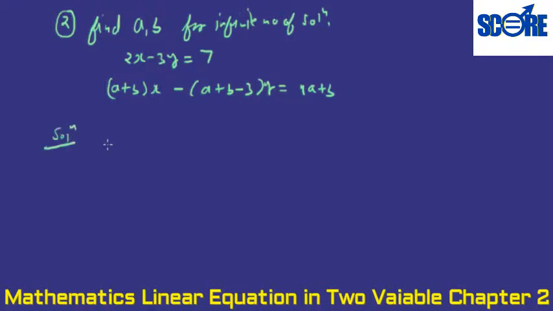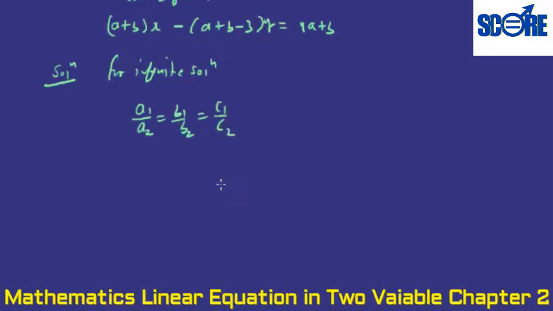So what is the condition for the infinite solution? For infinite solutions, we know that a1 upon a2 should be equal to b1 upon b2 is equal to c1 upon c2. Now put the values.